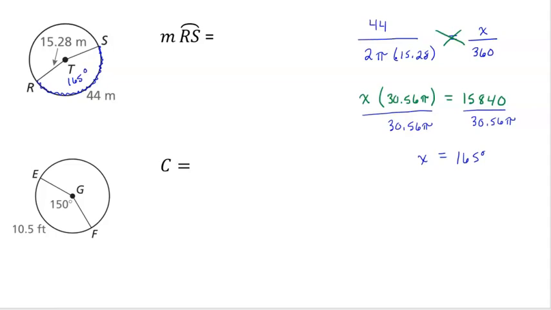And now I can find the measure of this arc. I could subtract that from 360 to find the other arc going the other way. But this one, and because it's only with 2 letters, it's talking about the minor arc. So you're talking about the arc that's less than 180. And so this is going to be 165 degrees.